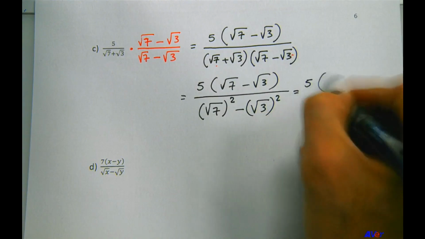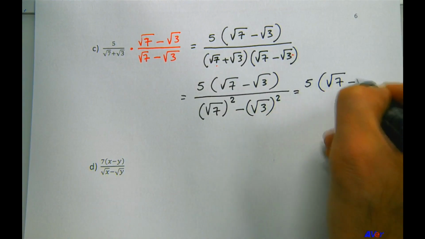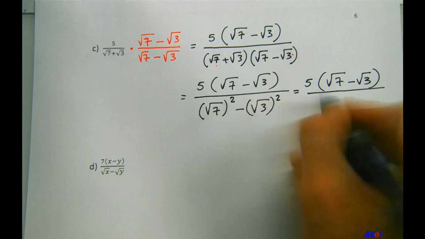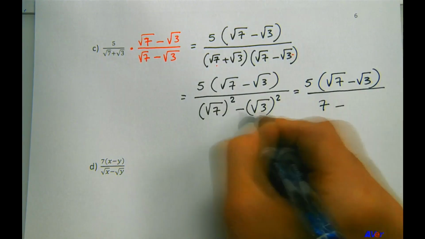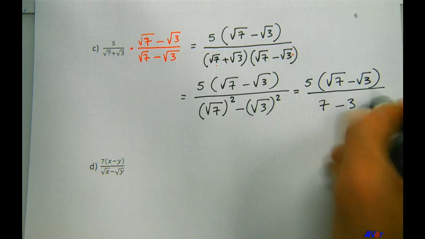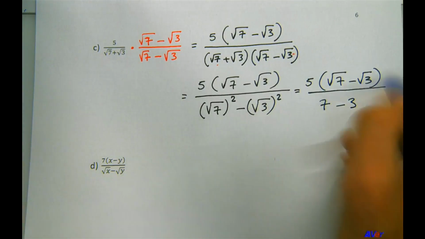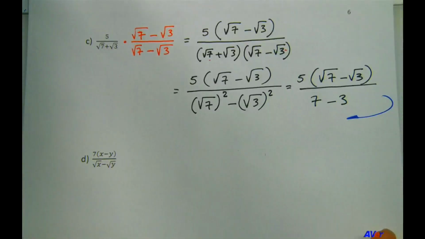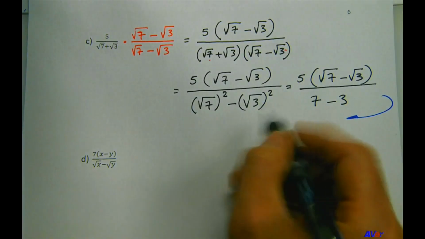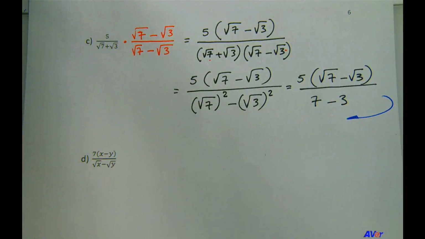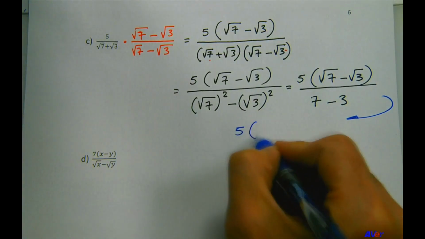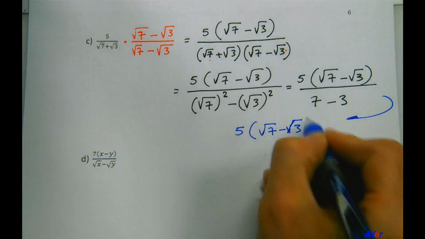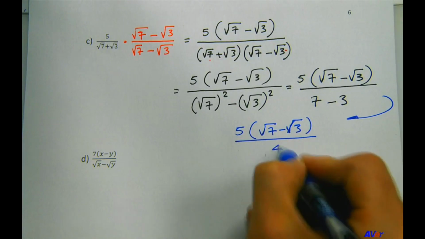We get 5 times square root of 7 minus square root of 3, divided by: square root of 7 squared is 7, minus square root of 3 squared is 3. So we have 5 times square root of 7 minus square root of 3 divided by 4.